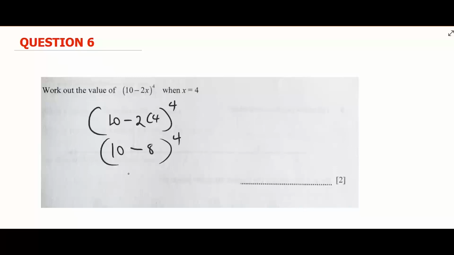Then finally 10 minus 8 is 2, then to the power of 4. So that equals 2 times 2 times 2 times 2. 2 times 2 is 4, 4 times 2 is 8, 8 times 2 is 16. So that will be your final answer there.